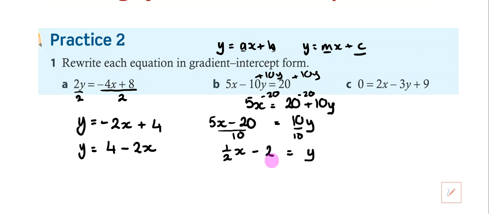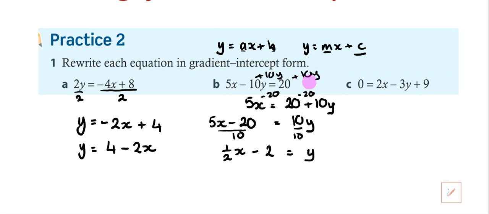Why, when you add 10y, doesn't it cancel out? So again, this first line I added 10y, yeah? And you're saying it didn't cancel out. It did. This minus 10y is gone though. It's not there anymore. It's now over here, because I had to add 10y.